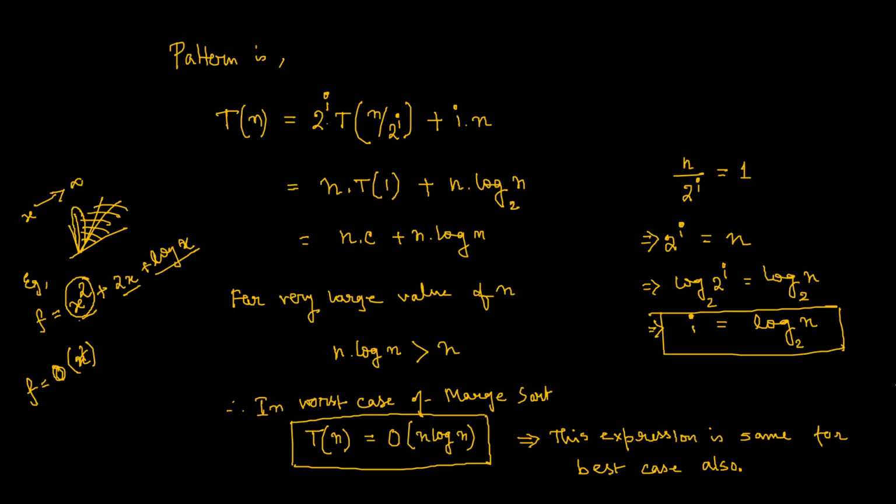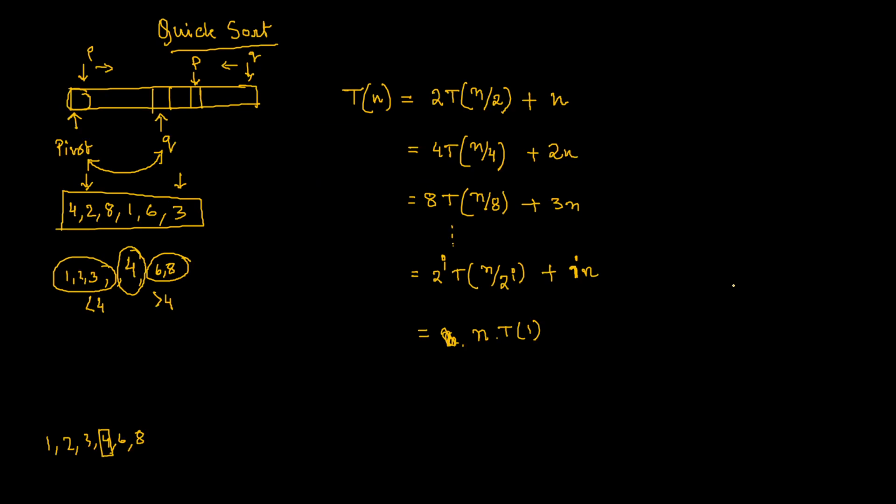Due to this explanation, ultimately I can say that i will be equal to log n. I'm not going to repeat the same derivation because ultimately they are the same, and here it will become n log n, and from there I can say that T(n) will be order of n log n for quicksort also.